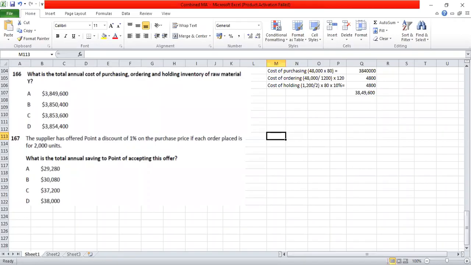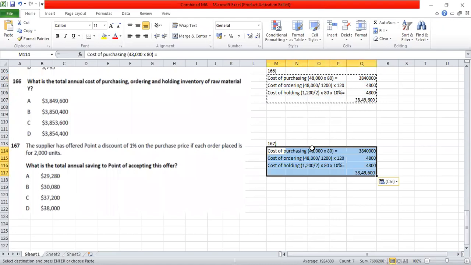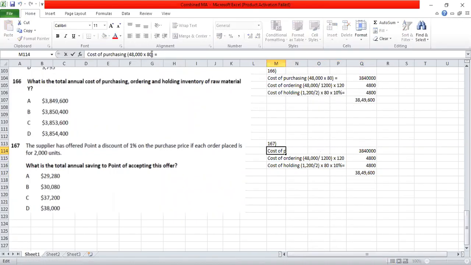See question number 167. Cost of purchasing is 48,000 into 80, but will they pay the entire amount? No, they will pay a discounted value because 1% is discount, so the rest of it only will be paid, which is 99%. Only 99% of the total value will be paid. In that case, here it is. Next, the ordering cost.